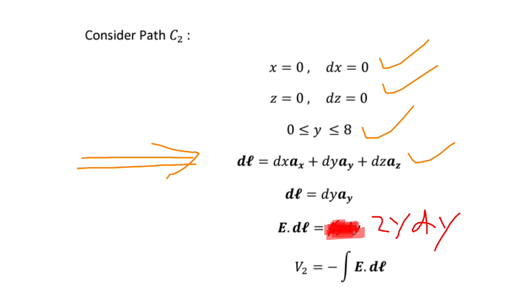And in order to calculate the energy which is required to move a unit positive charge along the second straight segment C2, we integrate E dot dl. So V2 will be equal to minus the integration of E dot dl.